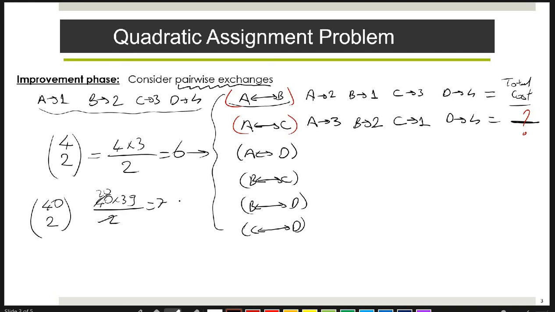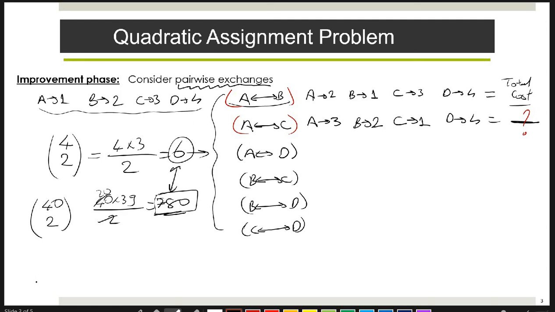780 possibilities. Okay, if it is 6, we can do this by hand. But if it is 780, it may be very difficult to do by hand. So what you need to do is you need to have some kind of computer software. Even Excel, you can use even Excel for this purpose.